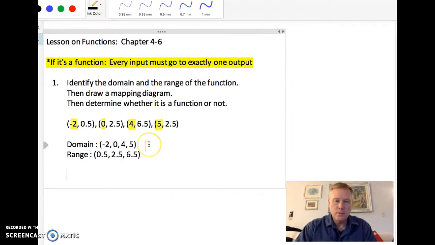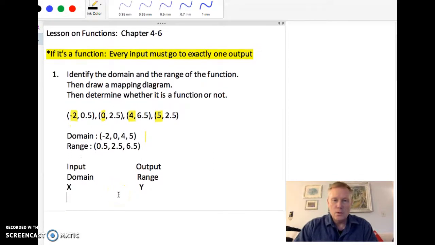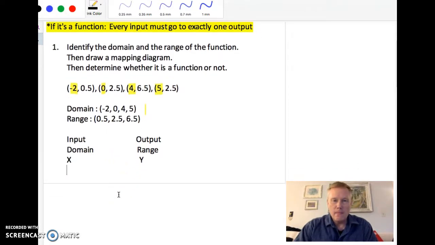Okay, next I'm going to make what's called a mapping diagram. So input and domain and x, they're really kind of the same thing when it comes to functions. All right, so all these domain numbers, -2, 0, 4, and 5, that's also the x values, it's the domain, and it's the inputs.